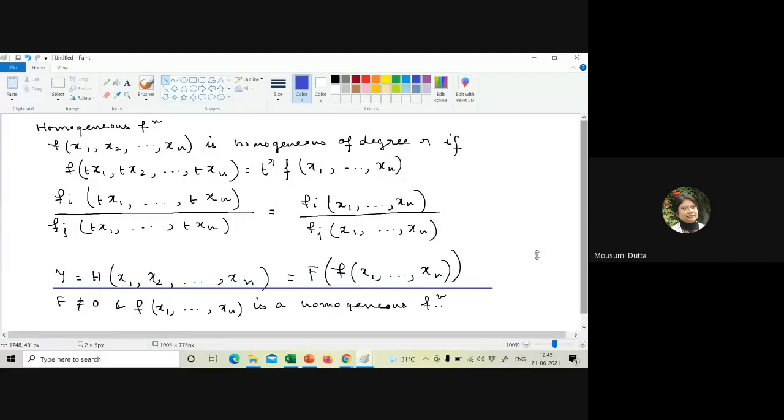Okay. Then from Henderson and Quandt, please check this homogeneous property and homothetic property of the Cobb-Douglas type production function and the CES production function.